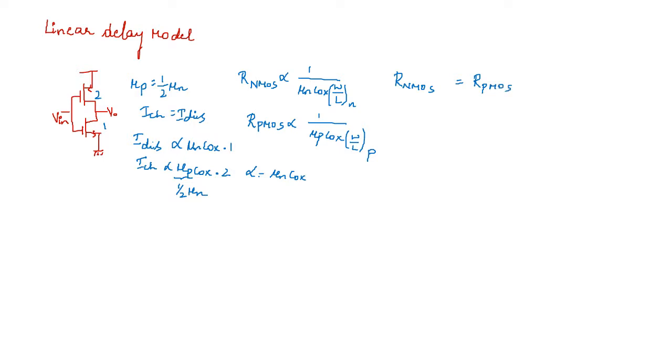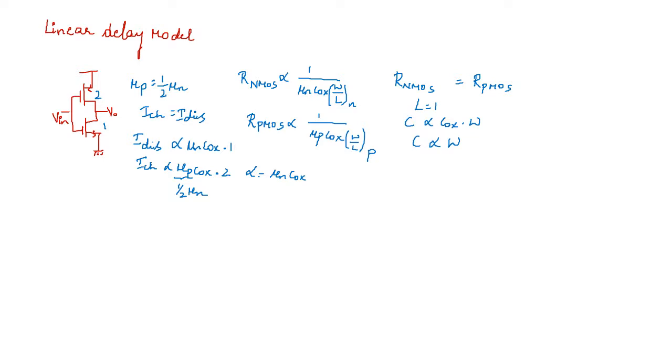Okay, now for simplicity, let's consider L is equal to 1. The capacitance at the output node is directly proportional to C ox, that is a unit capacitance, the oxide capacitance per unit area, into W, which means the capacitance offered by both the transistors is directly proportional to its width, right?